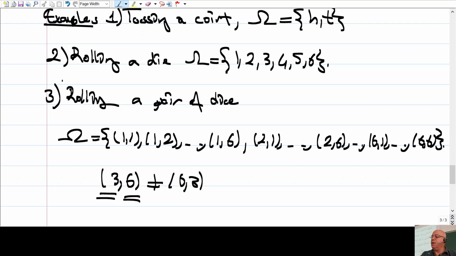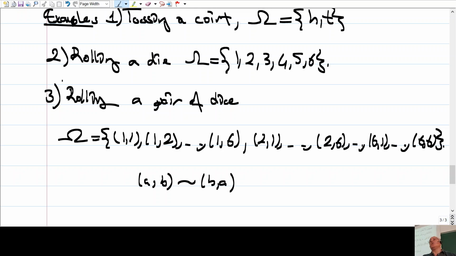If you consider unordered pairs of dice, then you should declare it. In that case, for you, AB will be the same as BA, so it will actually be a quotient of this set by an equivalence relation, another set, not this one.